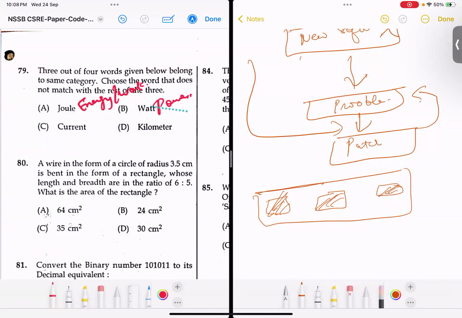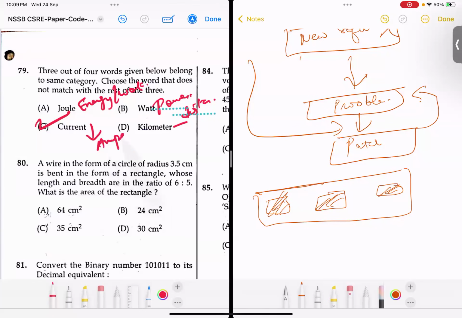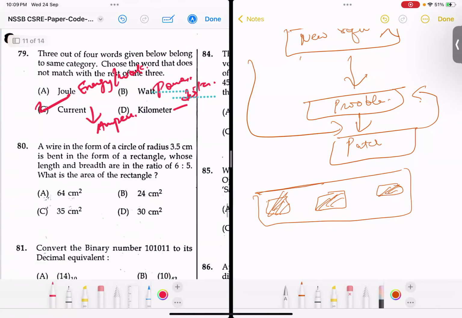Kilometer is the unit for distance. But current is not a unit, it is a quantity. Current is measured in terms of amperes. The unit for current is ampere. So current is a physical quantity. The correct option is current because it is not a unit.